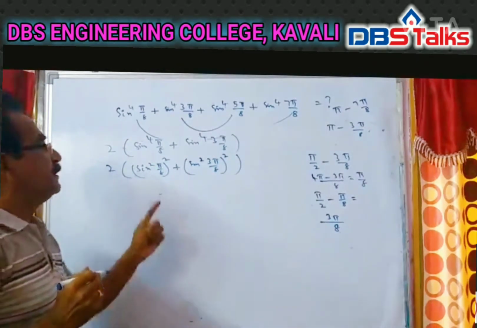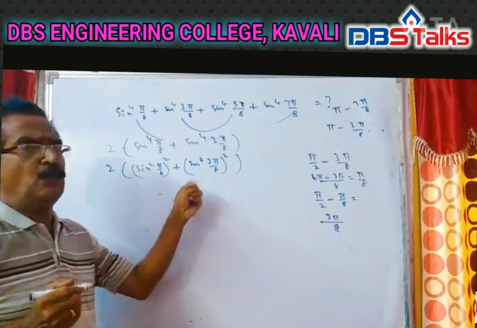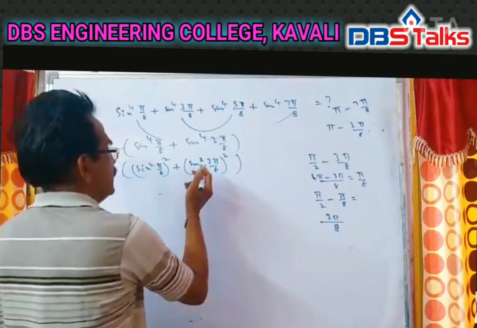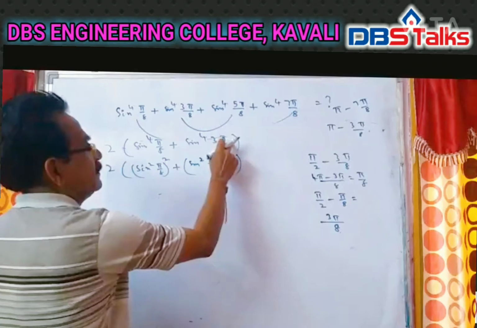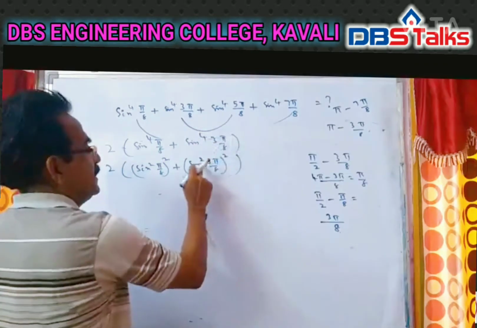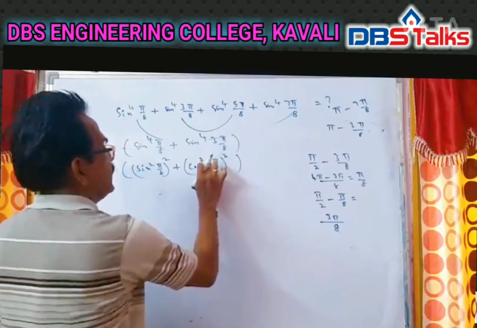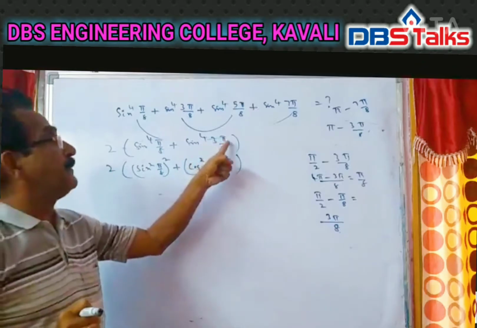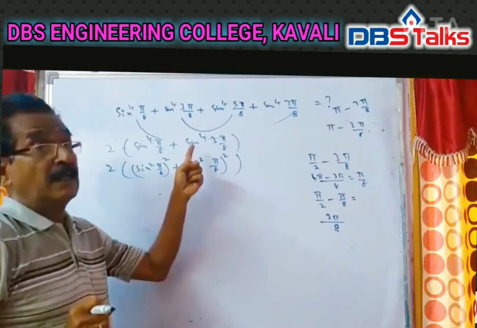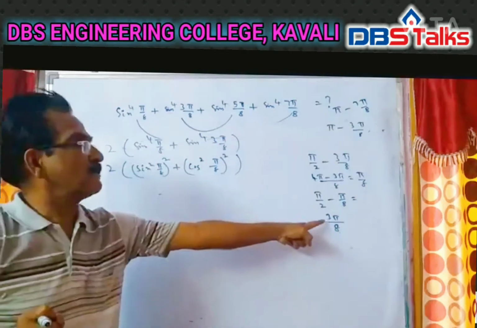Sin 3 pi by 8 means cos pi by 8, so I will change this. Sin power 4 of 3 pi by 8 means cos power 4 of pi by 8. This we have seen here.